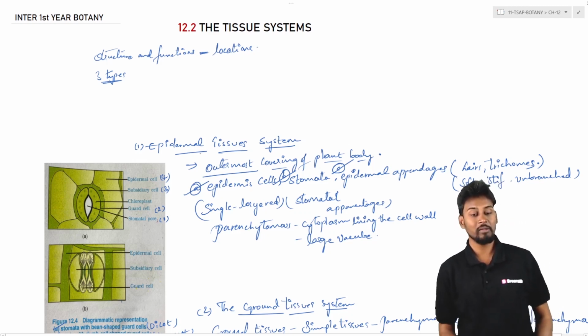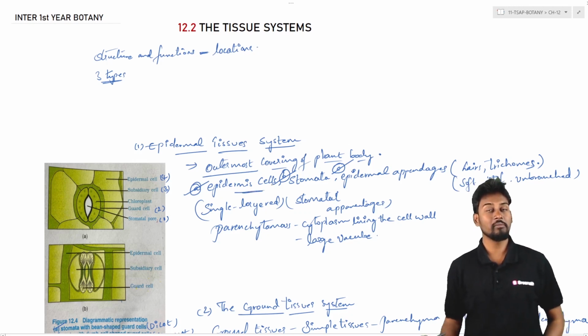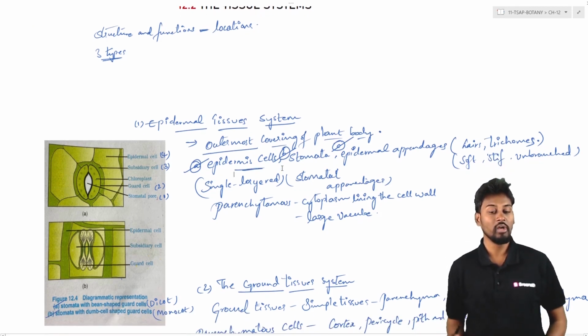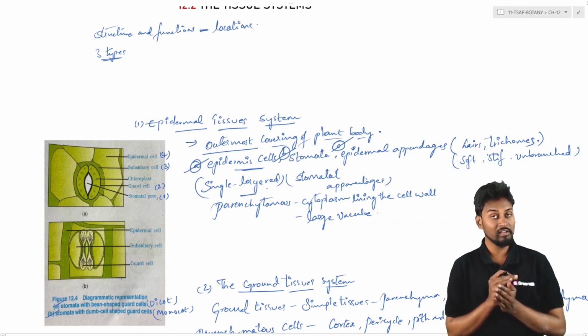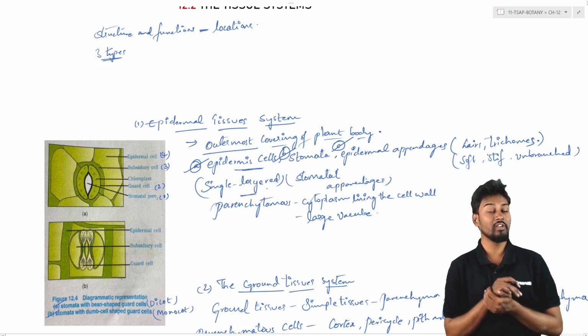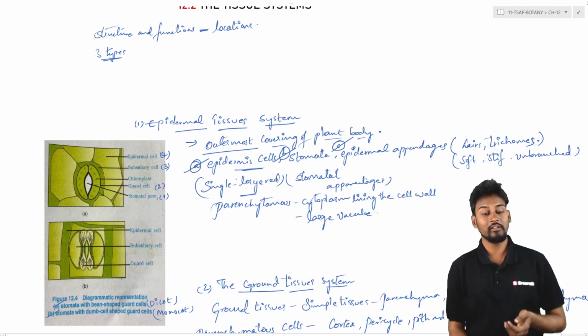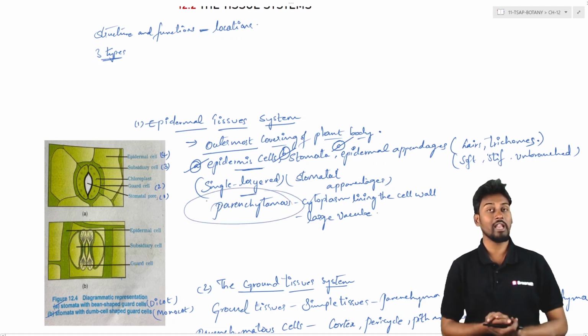So here we have to look at the epidermal cells. The epidermal cells are generally single layered cells which have a very thin cell wall, and they are made up of parenchymatous cells.